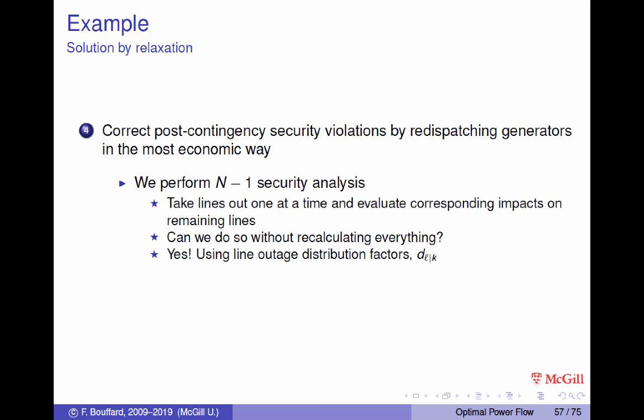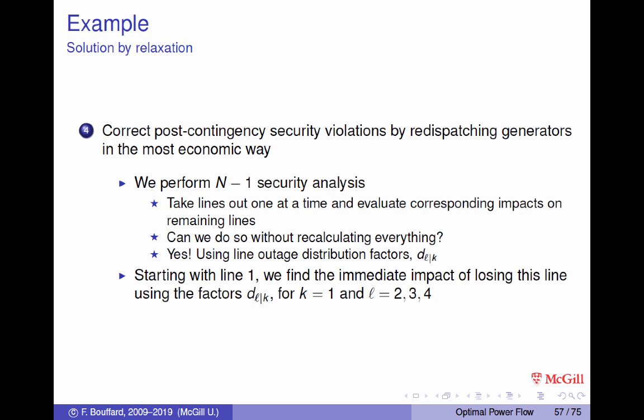We're taking down lines one at a time and calculating the impact on remaining lines. And we can do this without recalculating everything by basically just using the test, the Mrs. Scroggie test, to check whether or not the lines are within the limits using the outage distribution factors.